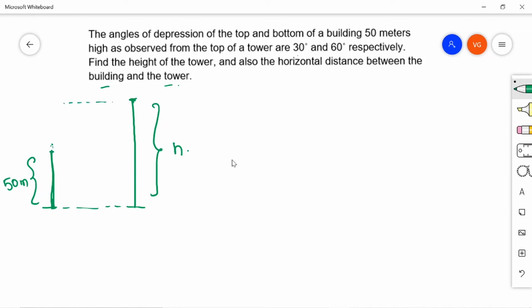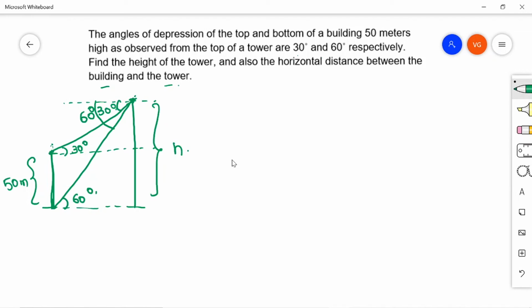So let us draw that. To the top of the building it is 30 degree and to the bottom of the building this is 60 degree, right? So when this is 30 degree, obviously, the two lines cut by a transversal, this is 30 degree and here it has to be 60 degree.